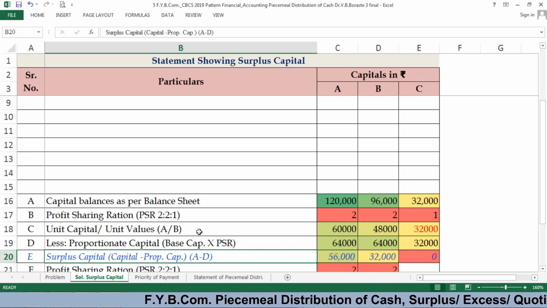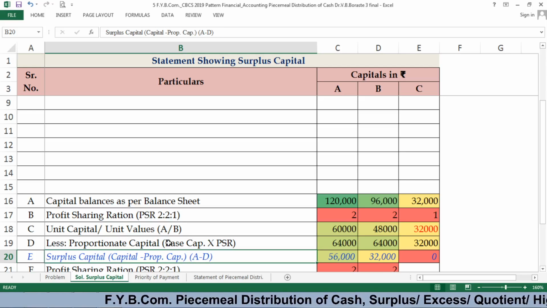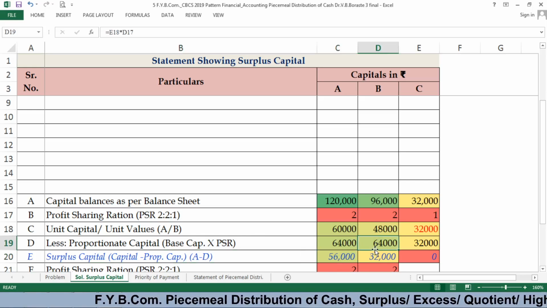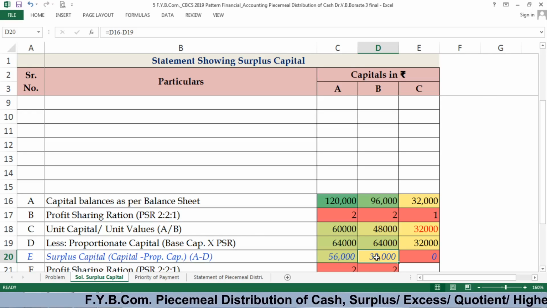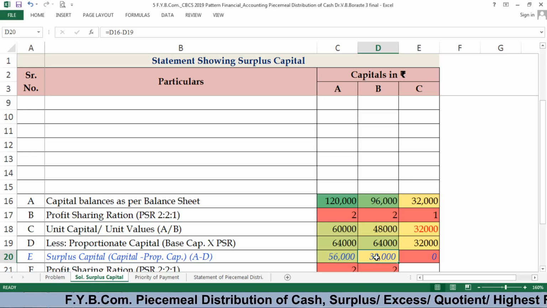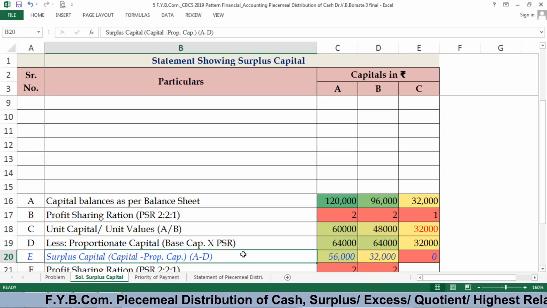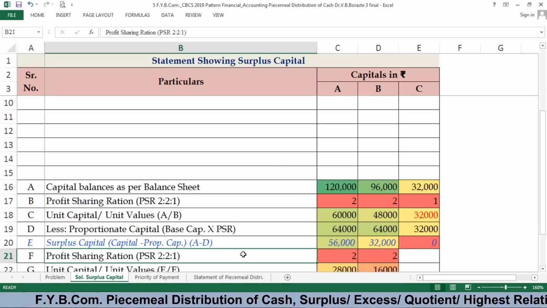Now we are going to repeat all these steps: capital, profit sharing ratio, unit capital and proportionate capital again in the next line. Why? Because we got surplus capital of Mr. A and B, and we have to calculate the single partner who has given the maximum or extra share, called surplus capital. So again we repeat all the stages.